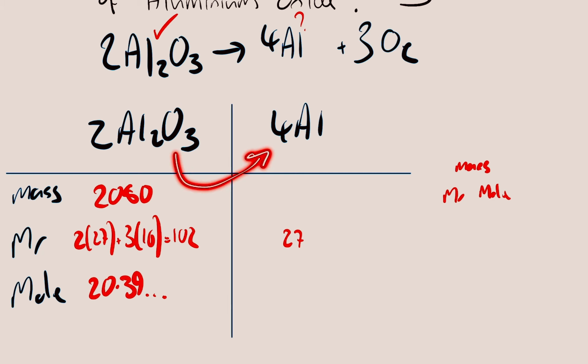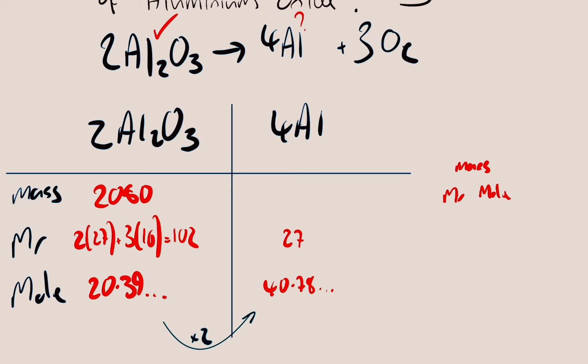So here, I'm using what's said in the calculator to work out what's going on. Now, 2 to 4, I've got to times by 2. So here, I'm going to times my moles by 2. And there I get to 40.78.